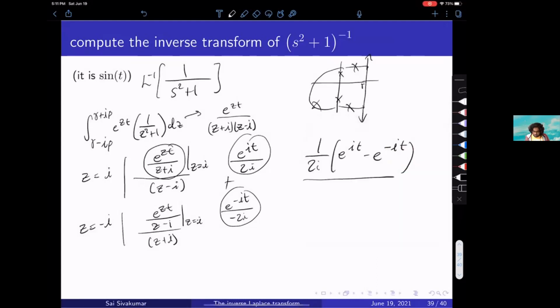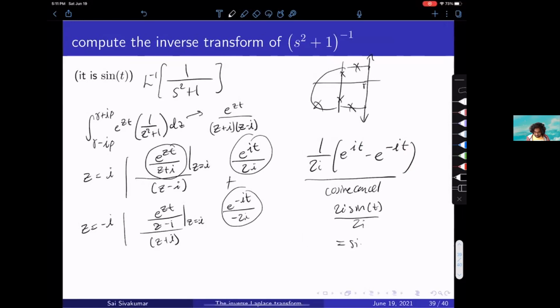Immediately you could write out the real and imaginary parts, and the cosines cancel, and you'll get 2i sine t over 2i, and that's just equal to sine t. So yeah, that was pretty cute, I think. That's all I had to say. That's the talk. Thank you for coming.